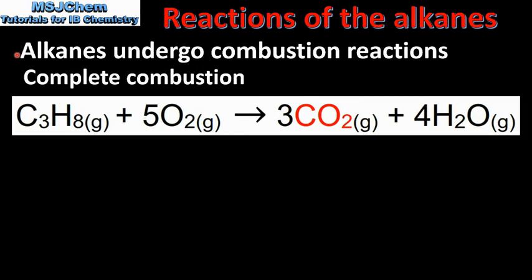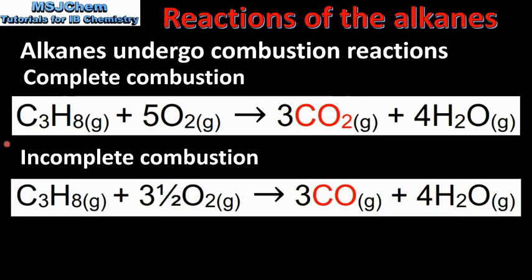Alkanes undergo combustion reactions. In a combustion reaction, an alkane such as propane reacts with oxygen to form carbon dioxide and water. In complete combustion, there is an excess of oxygen and carbon dioxide is produced. In incomplete combustion, there is a lack of oxygen and this produces carbon monoxide.